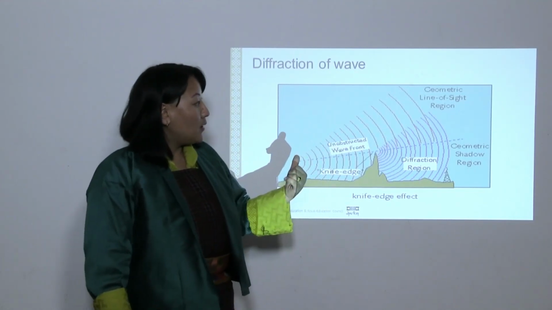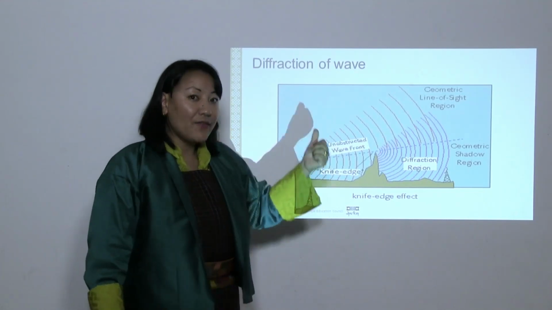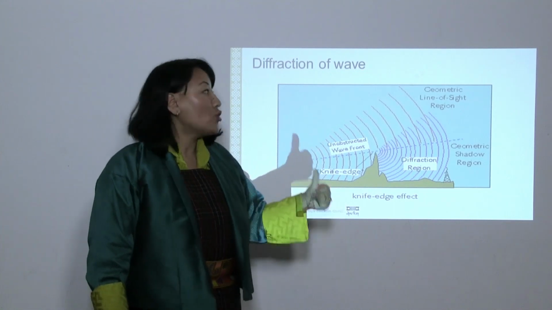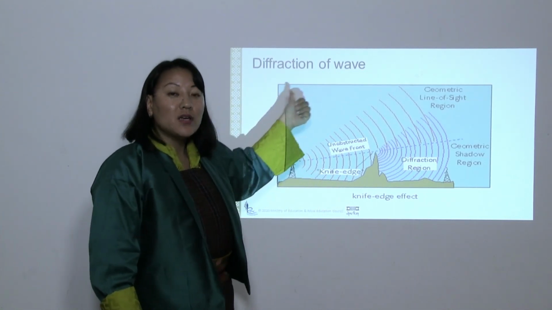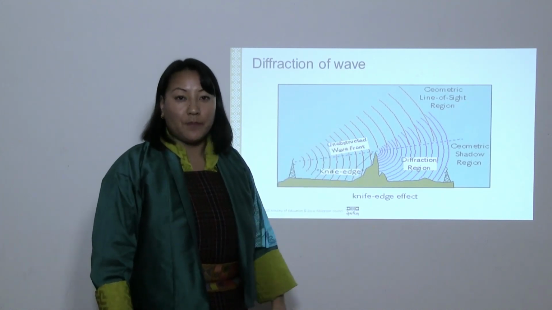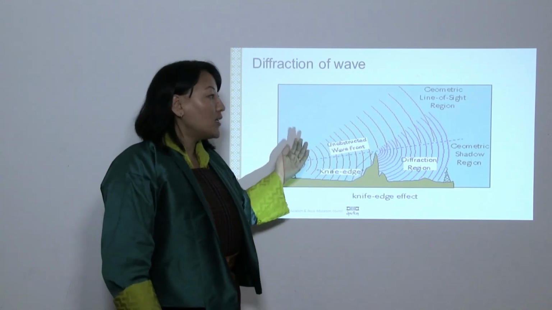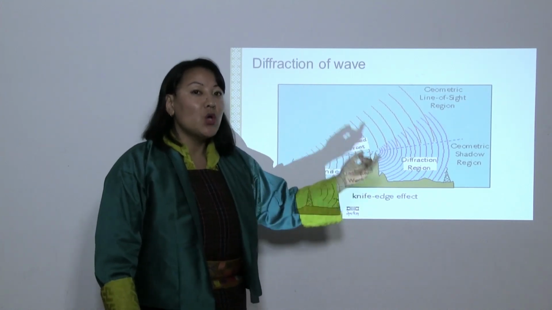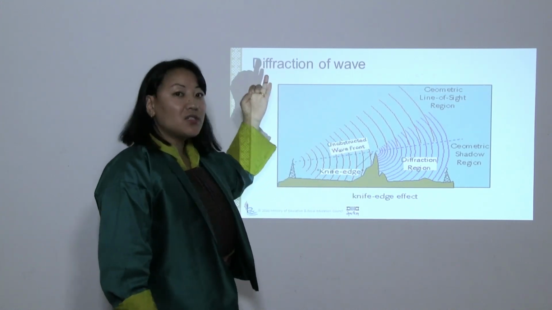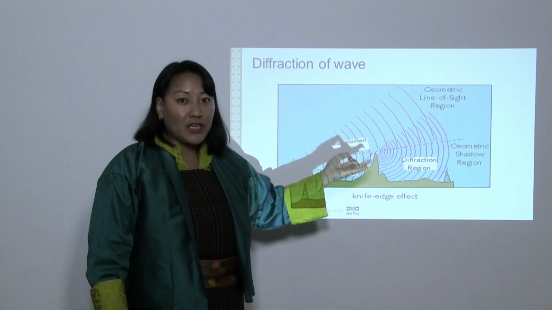Now, there are 7 waves in total, isn't it? Among those 7 waves, only microwaves and radio waves are used, because compared to other waves, these 2 waves will undergo diffraction, reflection and refraction.